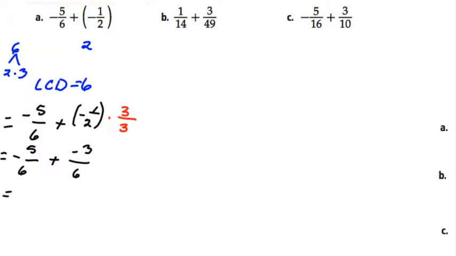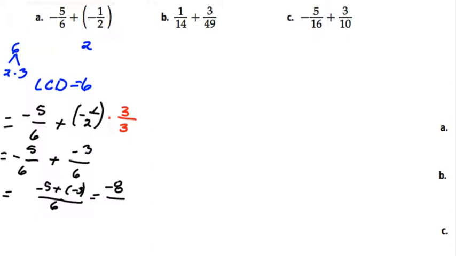So in my next step, my denominator is 6, and I just add my numerators together. I have negative 5, be real careful with your signs, plus a negative 3. Now I know some of you may still be struggling with your signed numbers, adding and subtracting your signed numbers. So be careful of that. These are the same sign, so we add those together and we get negative 8 over 6.